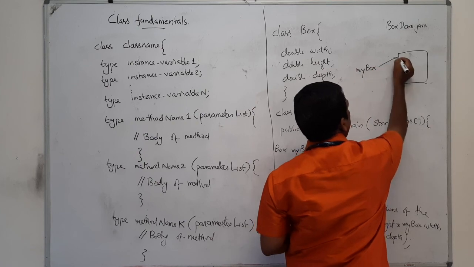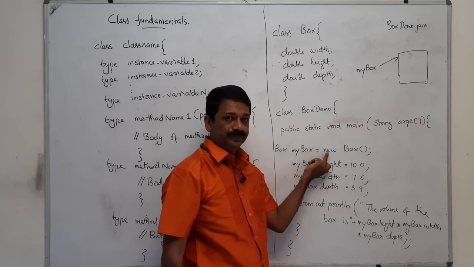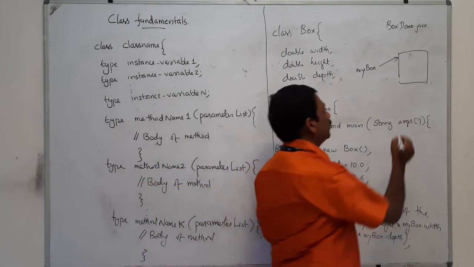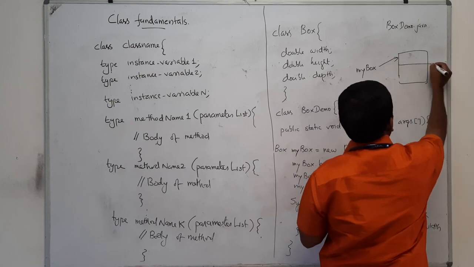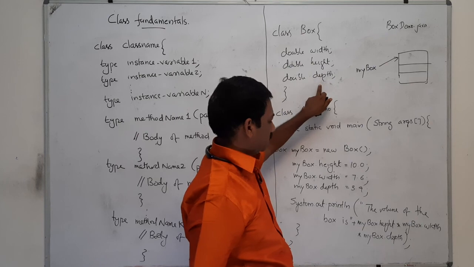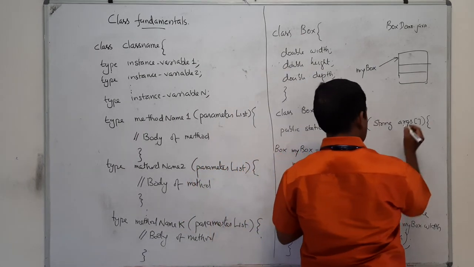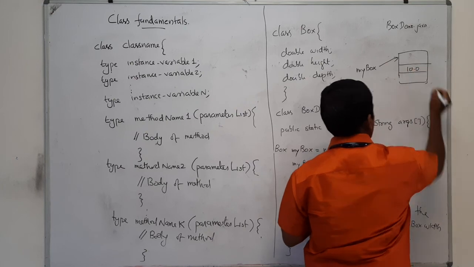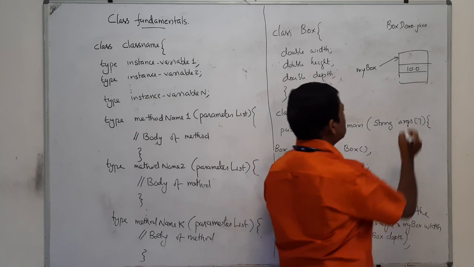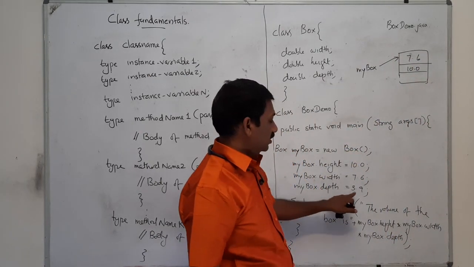That object is created using new. Okay, then my box dot height is equal to 10.0 means here you have width, height, and depth. That means height is the second parameter, and that is 10.0. Then my box dot width is equal to 7.6, and my box dot depth is equal to 3.9.